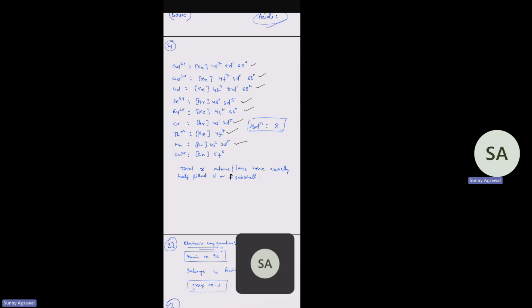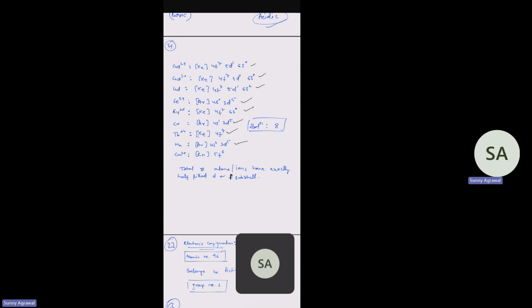Then Gd3+ also has a half filled 4f. Gd also has half filled 4f. Fe3+ has half filled 3d. Eu2+ has half filled 4f. Cr has half filled 3d. Tb4+ has half filled 4f. Mn has half filled 3d configuration.